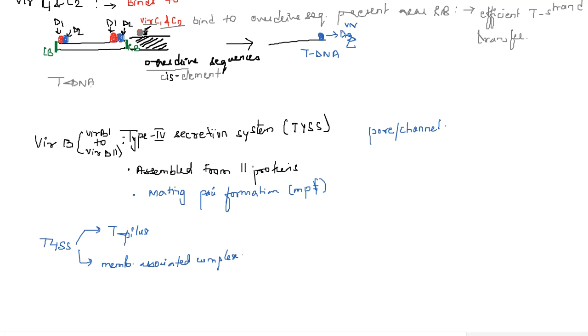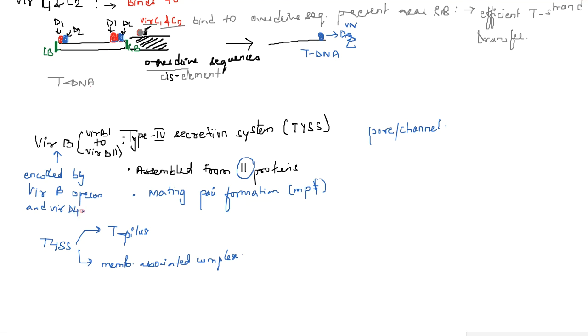These 11 proteins, which make this type 4 secretion system, are encoded by the Vir B operon and Vir D4.